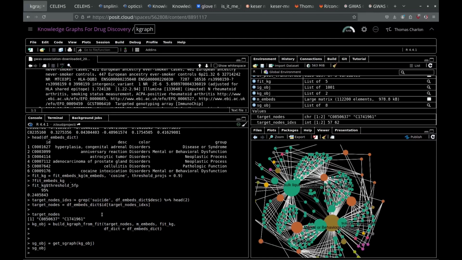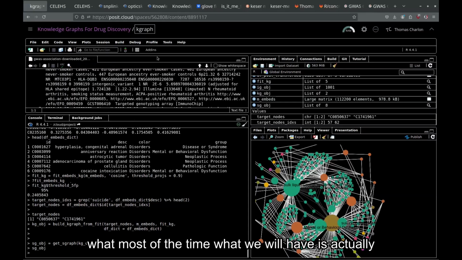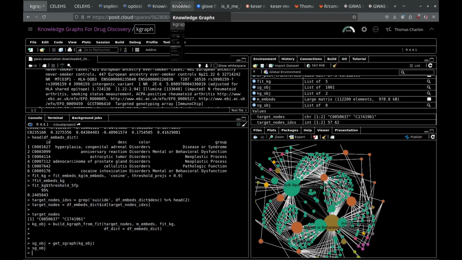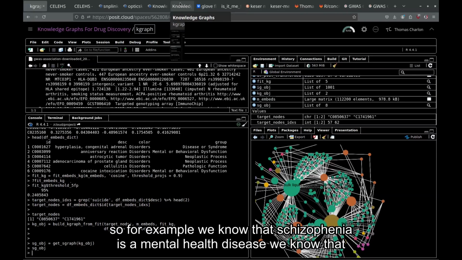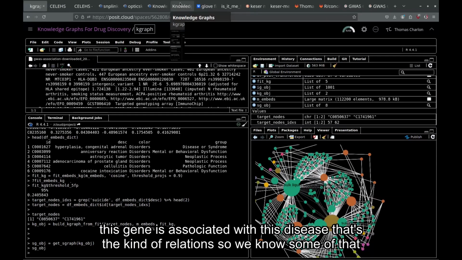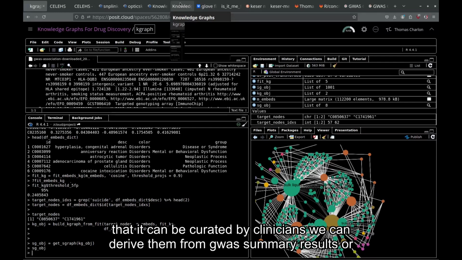But most of the time what we will actually have is a paired data frame that will contain known pairs of concepts. So, for example, we know that schizophrenia is a mental health disease. We know that this gene is associated with this disease. That's the kind of relations. So we know some of that. It can be curated by clinicians.